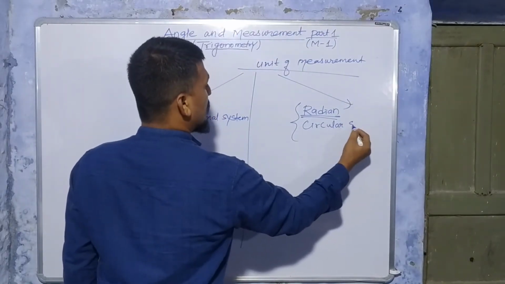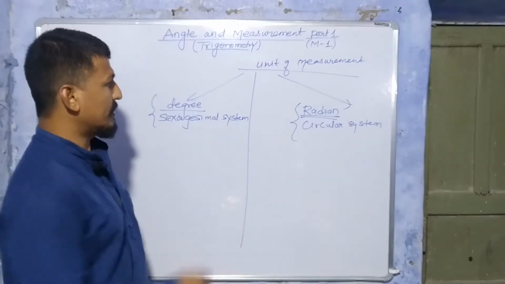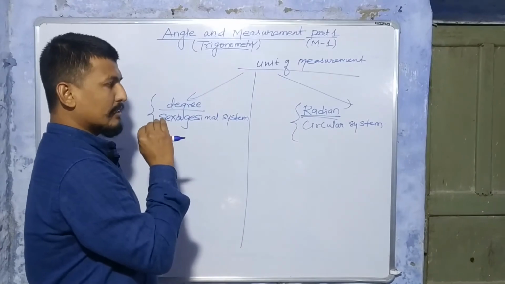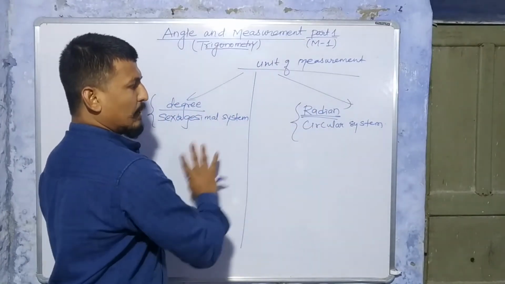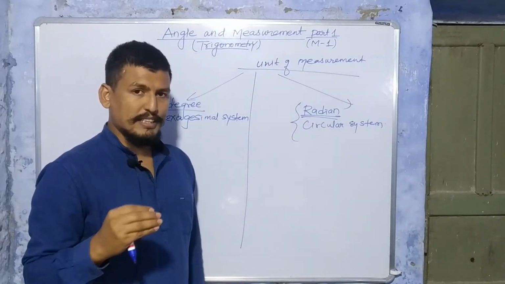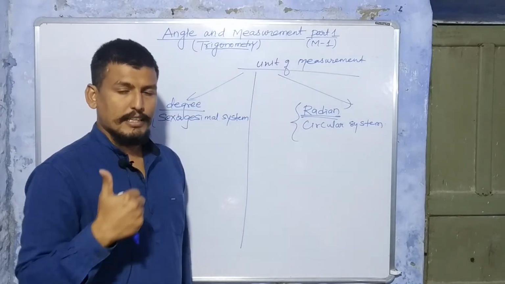In this topic we will see what we mean by the degree system, what the radian system is, and how to convert one unit into the other. Just like in physics we discussed the MKS unit, SI unit, CGS unit.